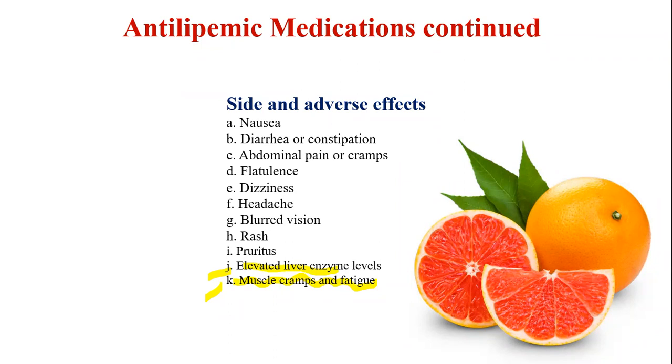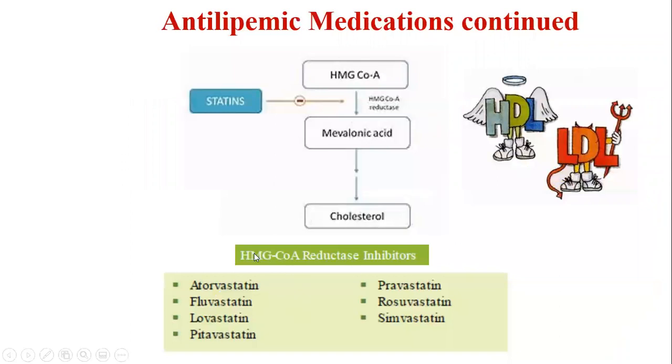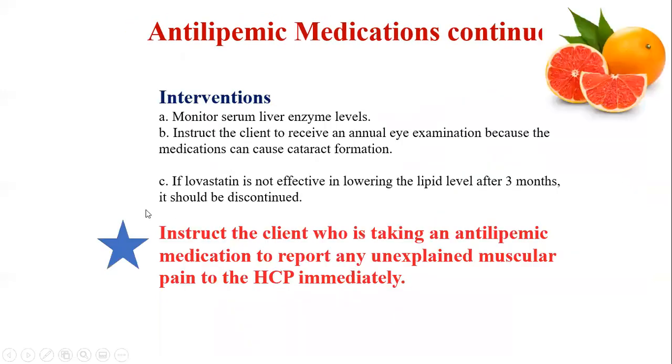So if my patient needs to take HMG-CoA reductase inhibitor or statin, we should monitor the liver function test because they can cause liver damage. And also, intervention: monitor serum liver enzyme level, instruct the client to receive an annual eye examination because the medication can cause cataract formation.